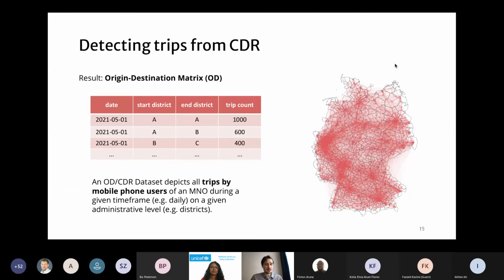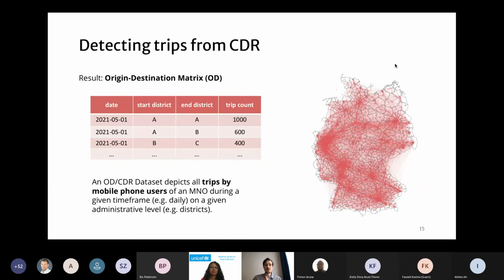And the rest, what else is possible, depends on the MNO, on what they are able to do in their processing. For example, the MNOs that we've been working with in Germany, what they also offer is to go into more detail and to include more metadata.